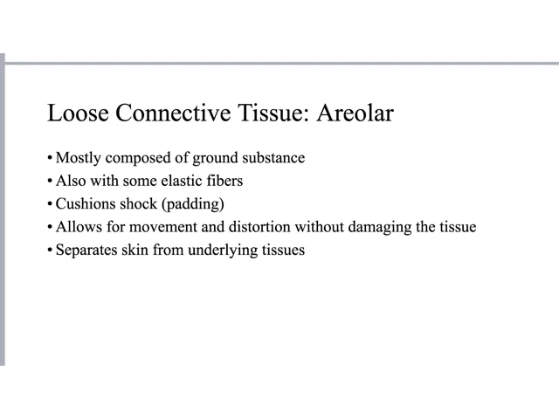Think about it with your skin, for example. It's what's in between your skin and your muscle. So if your skin just attached directly to the underlying muscle, there wouldn't be much of a barrier for shock absorption. You wouldn't have the flexibility that you have because you have this very loose connective tissue in between the two layers.